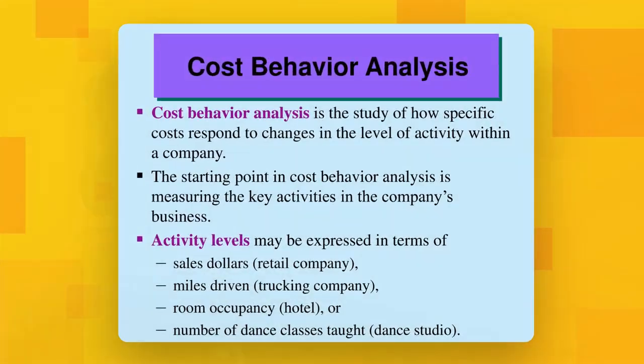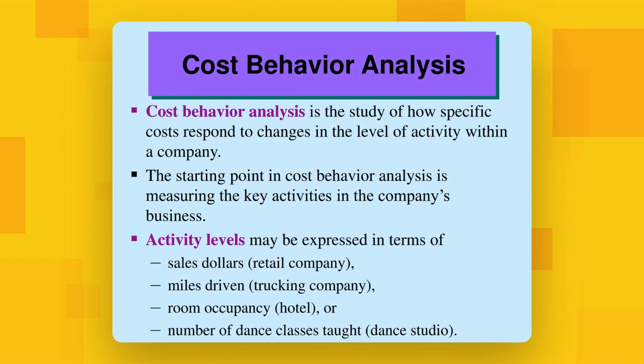For example, what would be your activity level? If you are in a retail company, the number of your sales, sales in peso, and at the same time, sales in dollars. Number 2 is miles driven. What do you mean by miles driven?